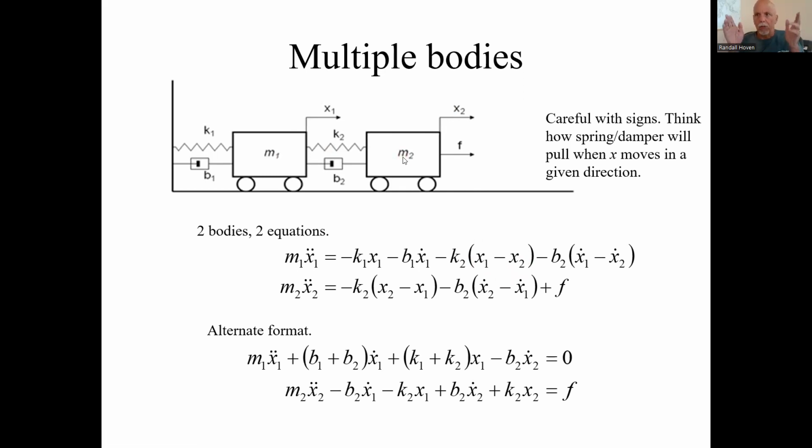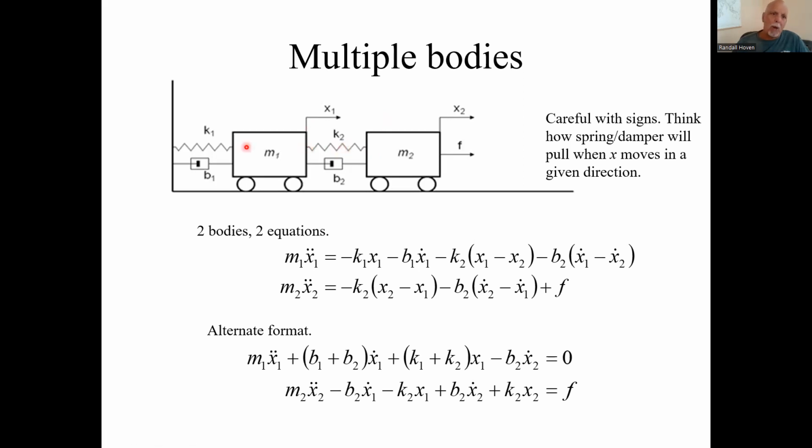The confusing part to a lot of students is the signs. When you are confused, just think, what happens if you move the x from the equilibrium point. If I move this x to the left, I'm compressing this spring.